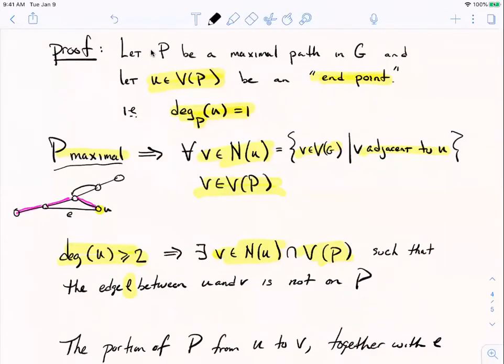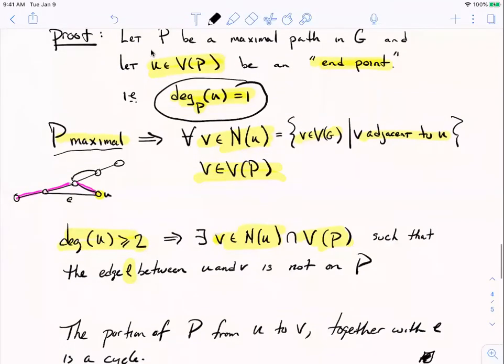And we're saying that this edge is not the path edge that goes into U. So this edge E can't be on the path as well because only one path edge goes into U. The degree of U on this path is 1. That's all I want: an edge E between U and V that's not on P.